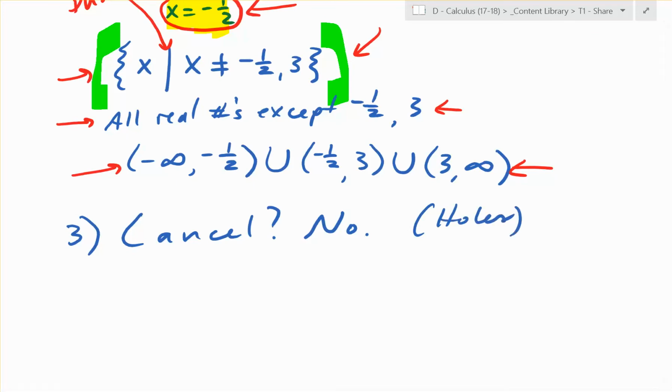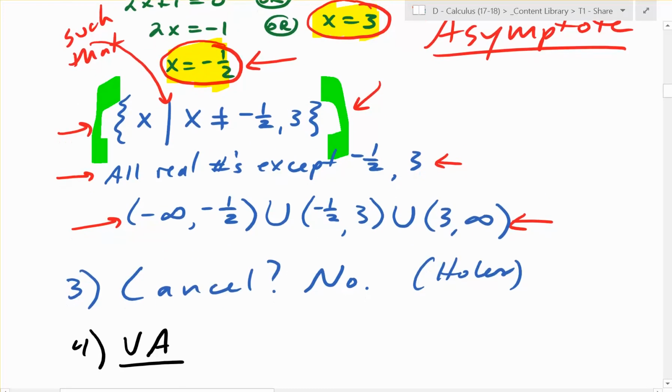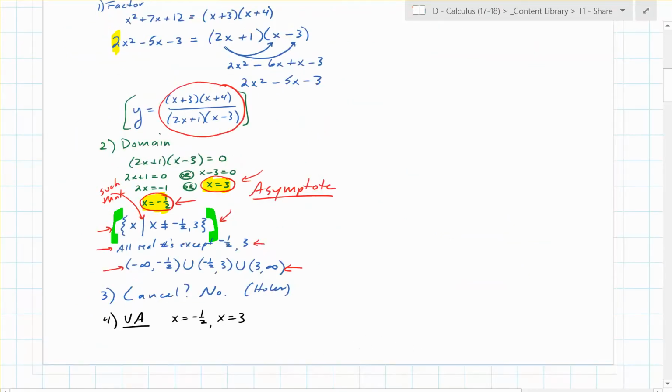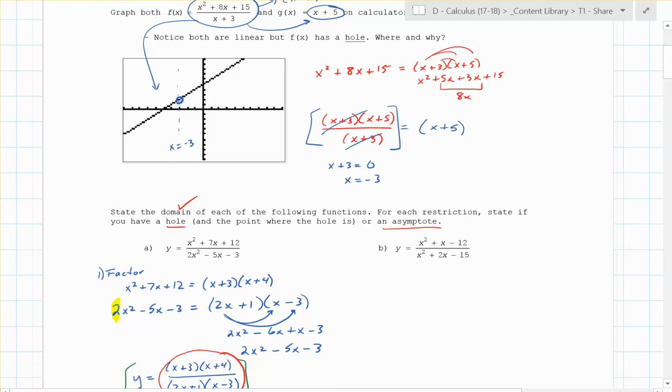Our step 4 is going to be to find the vertical asymptotes, and that's going to be where all the other restrictions are. In this case, both x = -1/2 and x = 3. So we've gone a little bit beyond. We've determined that there's no holes in this one. This has two asymptotes, and in both cases they're vertical asymptotes, VA.